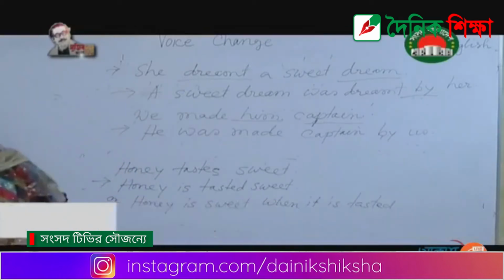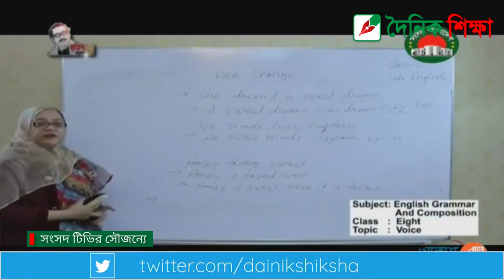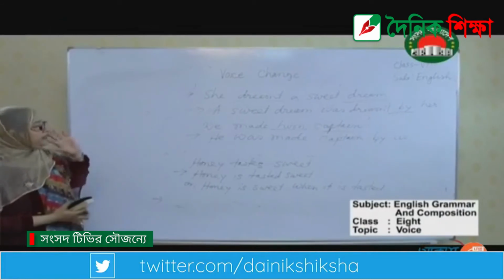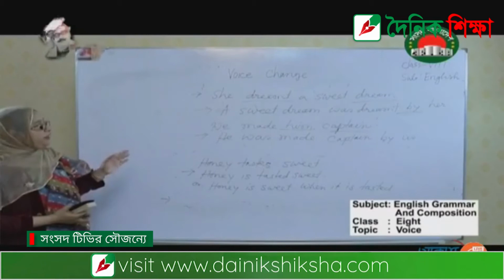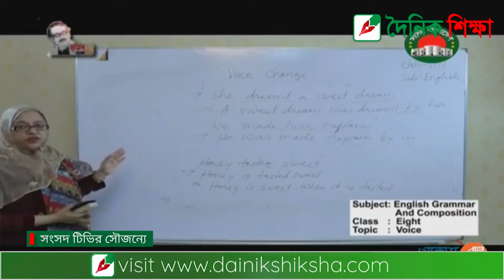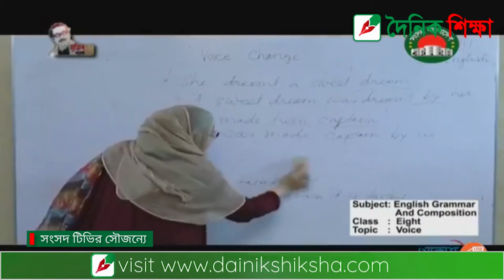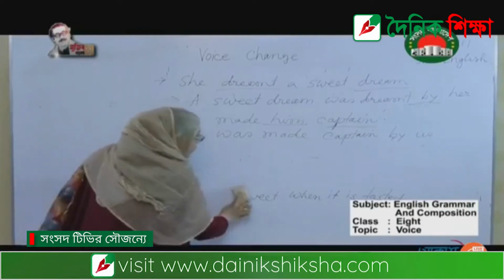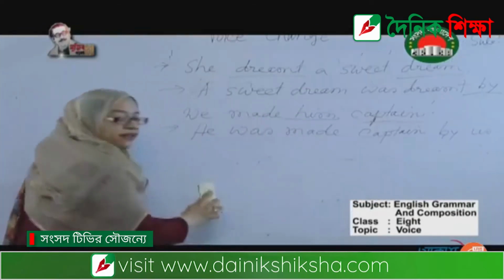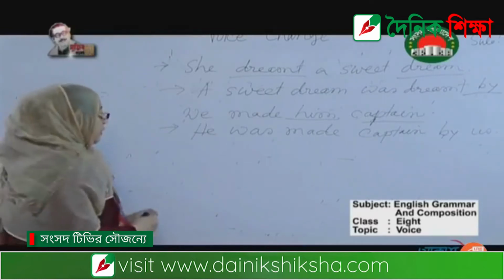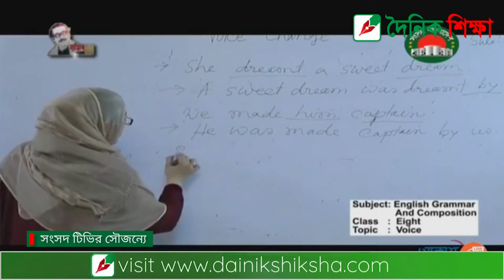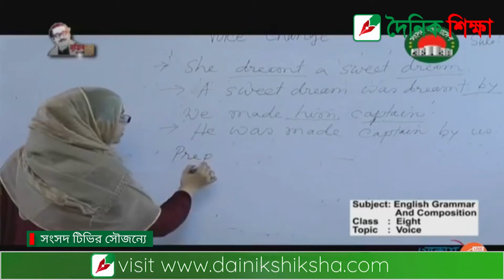So students, we discussed many examples of changing voice from active to passive. Now we will see some other examples where we don't use by but use some other preposition when we turn it into passive.